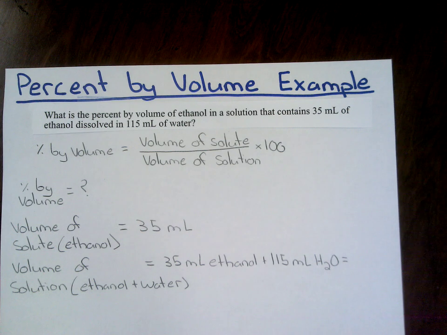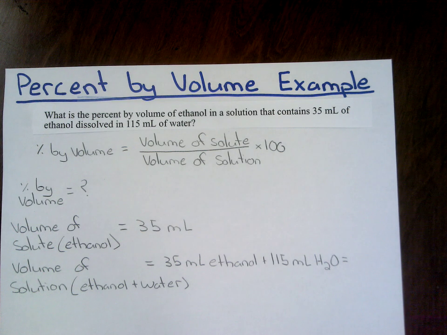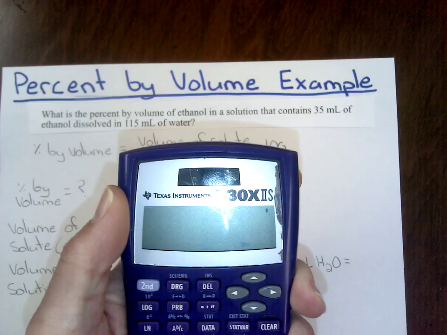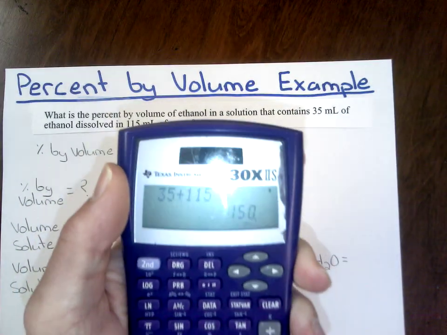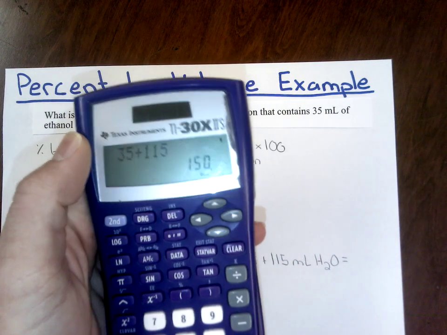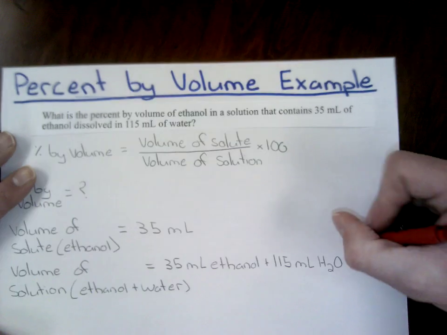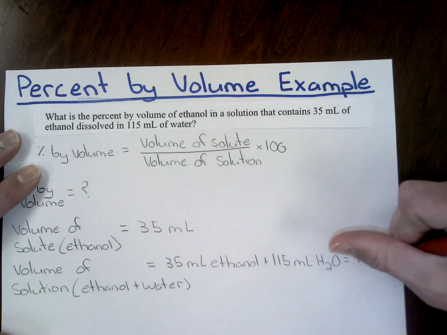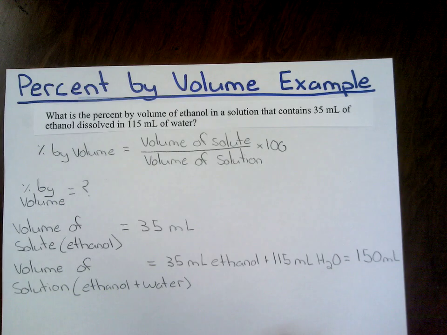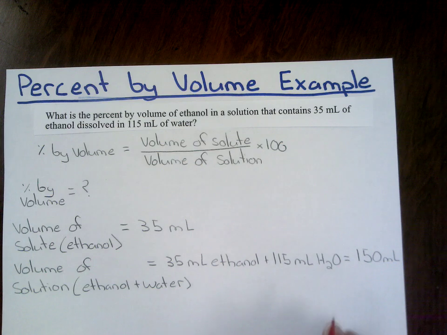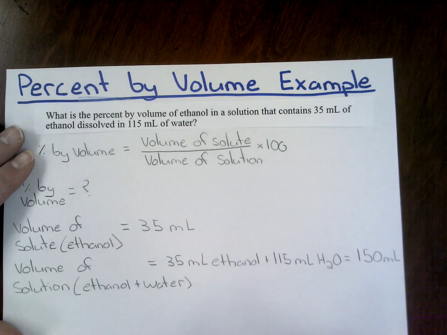Now, we turn to our calculators here and we add together 35 plus 115. And we get a volume of 150 milliliters. So our volume of our solution is 150 milliliters. Now, we have all of the values we need. We can turn back to the formula and plug those volumes in.